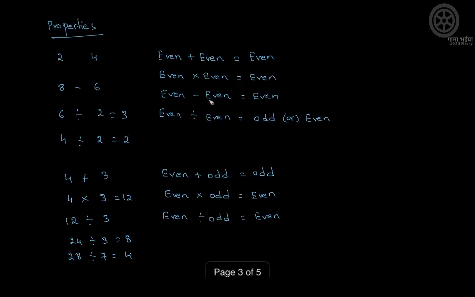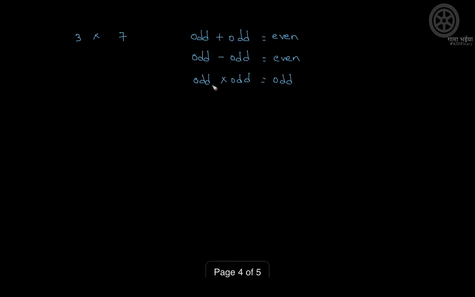See the multiplication rules. Even into even is always even. Even into odd is always even. And odd into odd is always odd. Okay? Right. Now, if I take 21 and 3, these are two odd numbers.